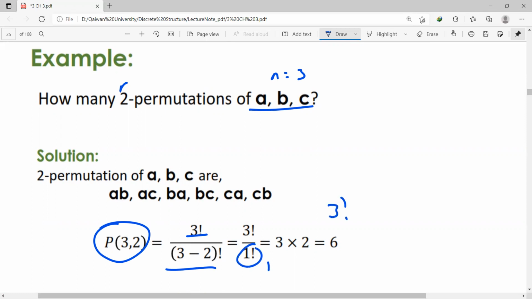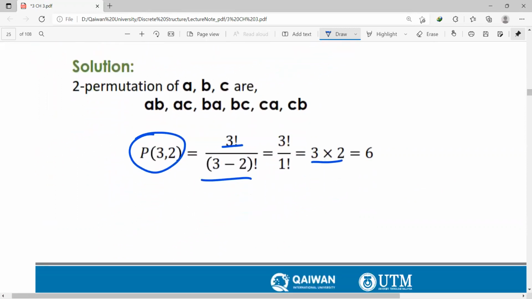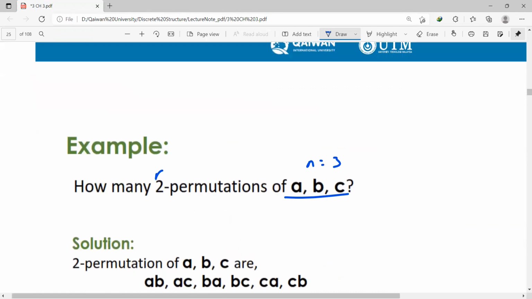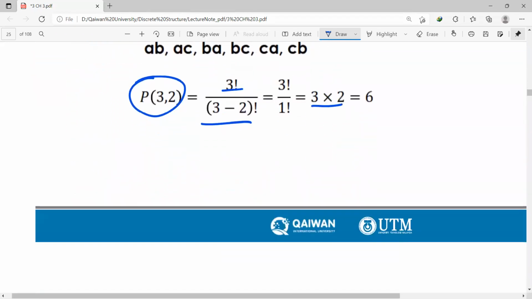We get 3 factorial, which is 3 times 2 times 1, which is 6. Sometimes we don't write down this one because it's the same result. If we multiply it by 1 or not, it's the same result. So that's it. There's 6 ways. So 2-permutations of 3 is 6.